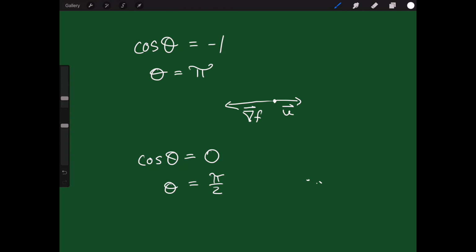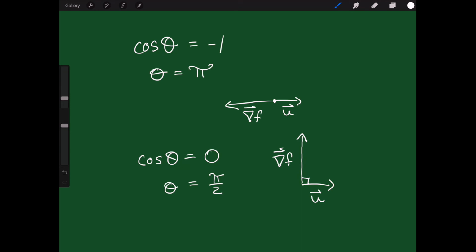So in other words, if the two vectors, so here's my unit vector u, and let's say that my gradient vector, gradient of f, are at right angles to each other, or are orthogonal to each other, then what would we say about the slope in the direction u?